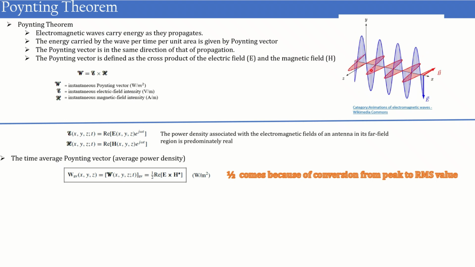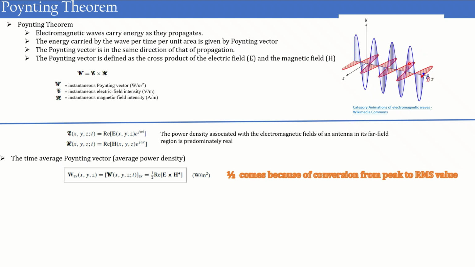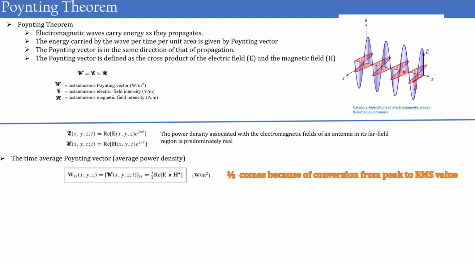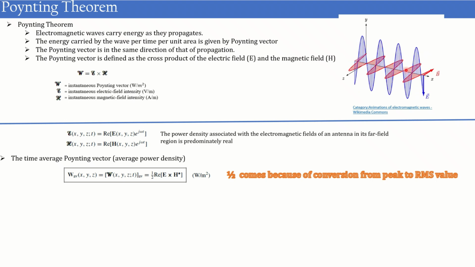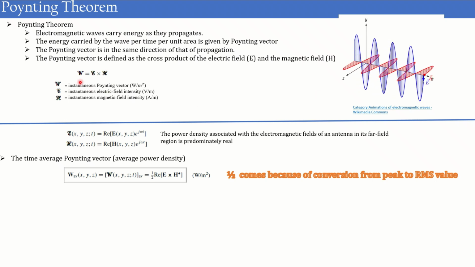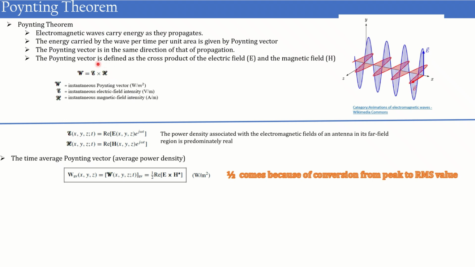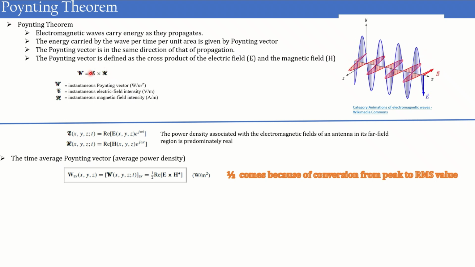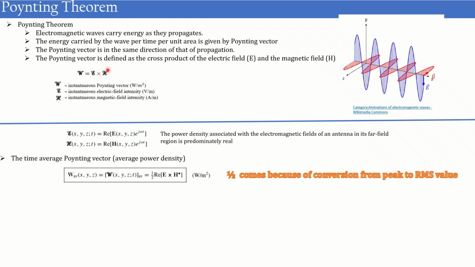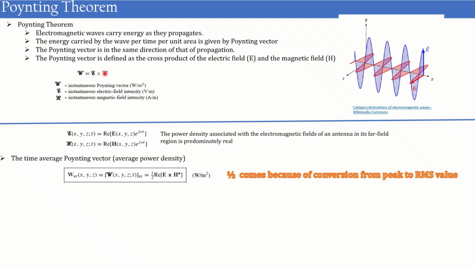So the energy carried by this wave per time per unit area can be given by Poynting vector. So the Poynting vector is defined as the cross product of the instantaneous value of the electric field and the instantaneous value of the magnetic field.